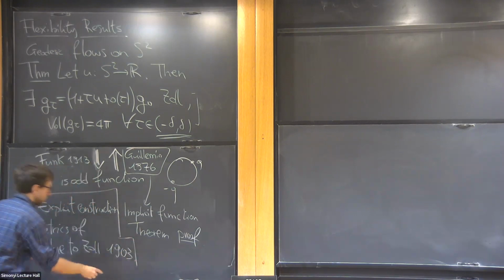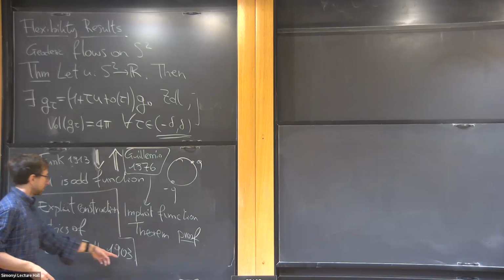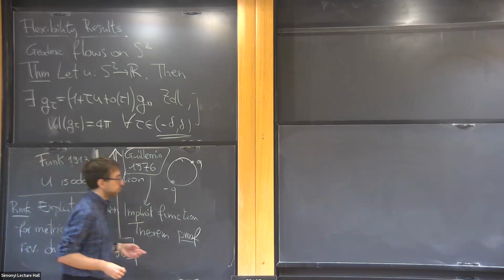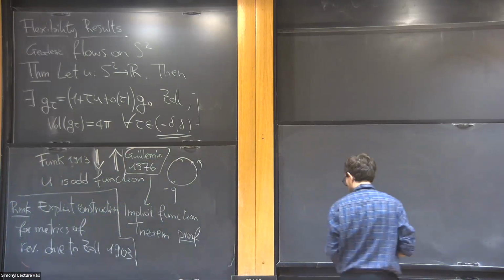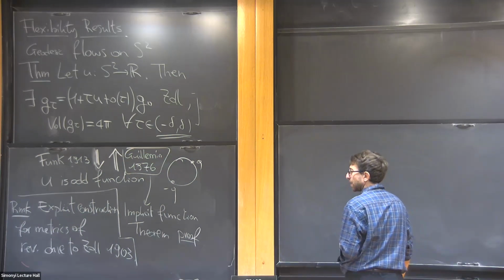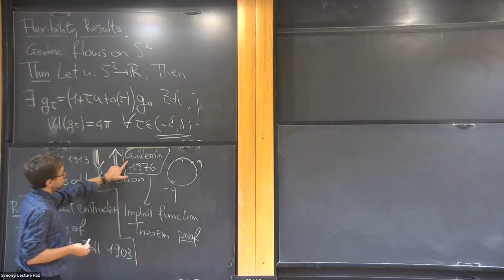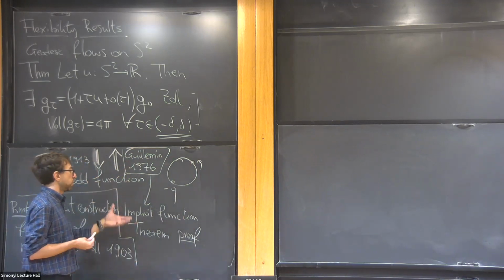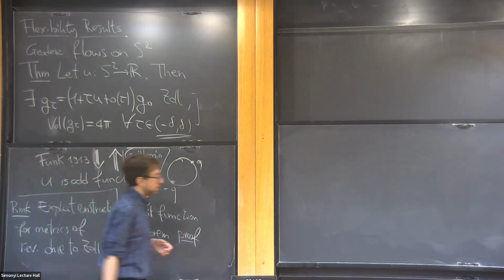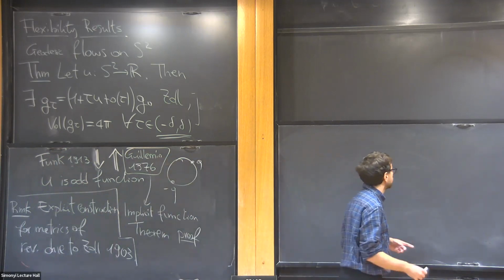That seems strange, that most of the results were proven in years ending with the number 3. Okay, so this is a really explicit construction, while this theorem by Guillemin is an implicit function theorem, so you don't have really a nice way to write things down.